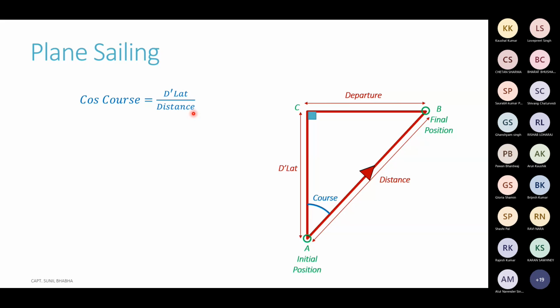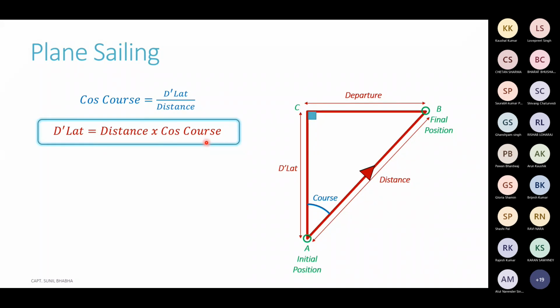Now this ratio, cos course, gives us our first formula for plane sailing, and that formula is dlat equal to distance cos course. We have just taken the distance to the left hand side. So on one side you have the dlat, on the other side you have distance cos course. So this is the first important formula we have for plane sailing. Dlat equal to distance cos course.